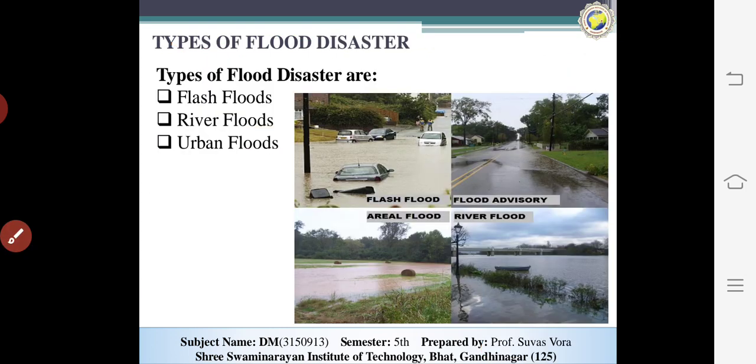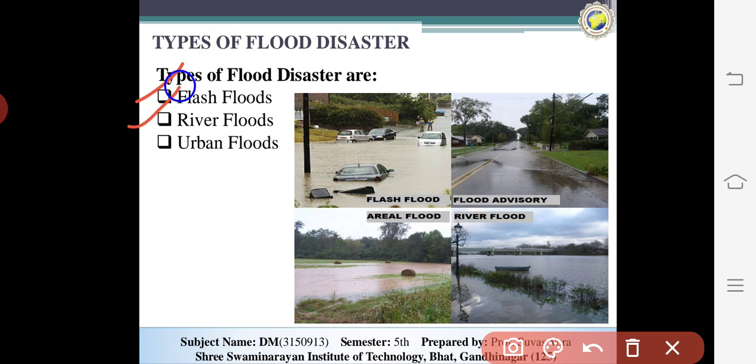So now what are the types of floods? Here you can see that there are basically three types: flash flood, river flood, and urban flood.